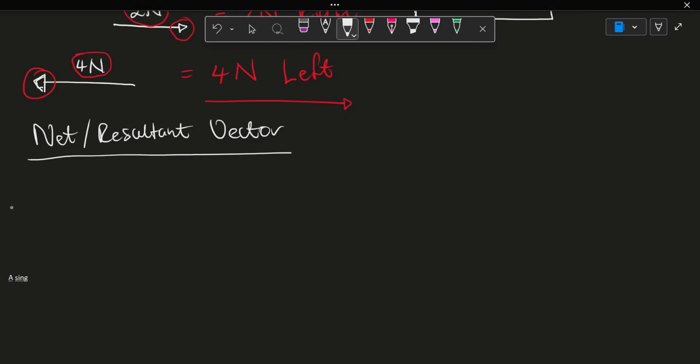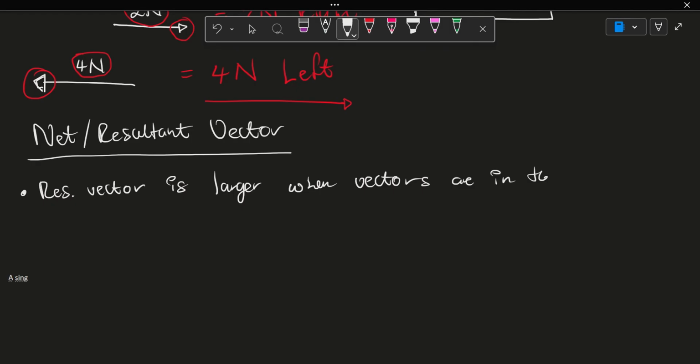Okay, so what you need to know, very important points, for starters, is that the resultant vector is large or larger when vectors are in the same direction.